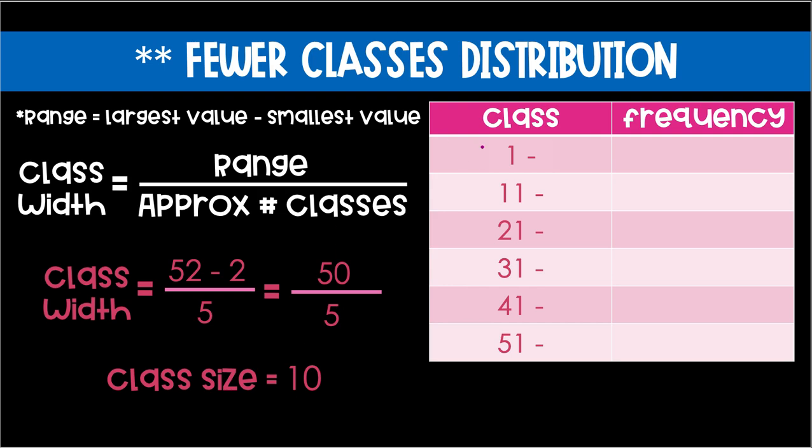And remember, you start with the first value, and then you add 10, and then add 10 again, and then add 10 again to create your lower limits. And then the classes should not overlap. I'm going to end the first class at 10, and then add 10, add 10, add 10 to create the upper limits.